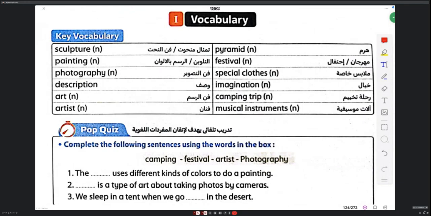Lamar: Sculpture, painting, photography, description, art, artist, pyramid, a festival, special clothes, imagination, camping trip, musical instrument.